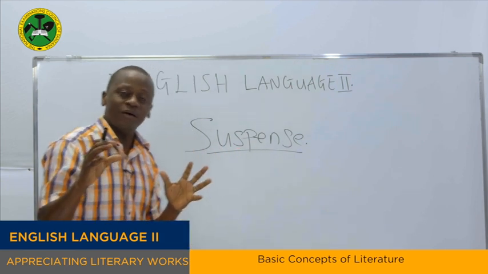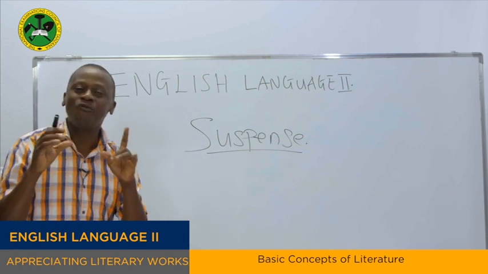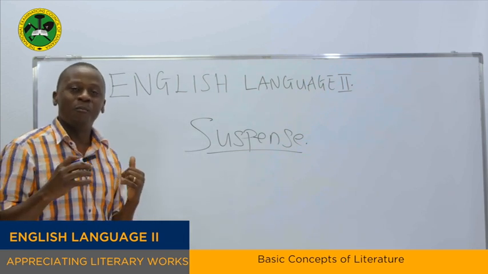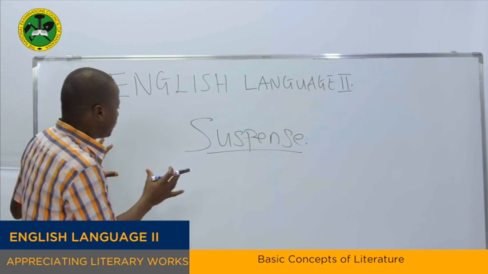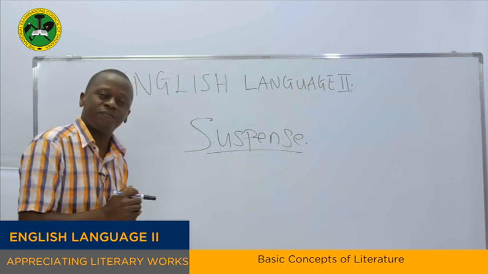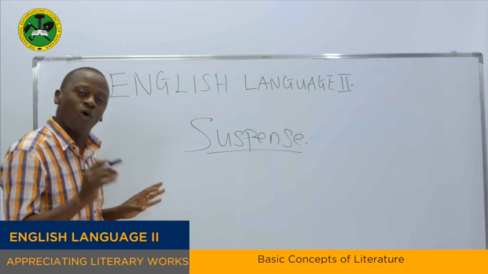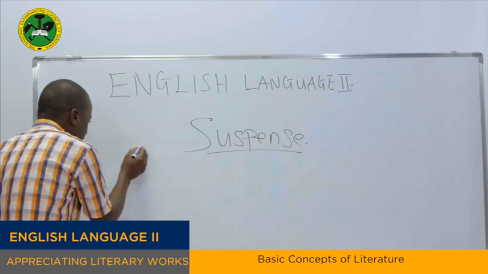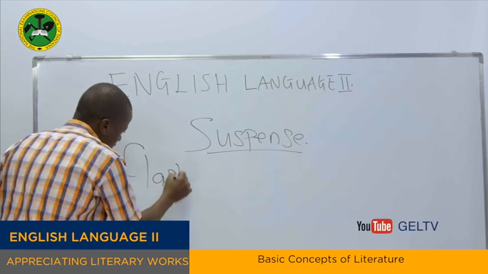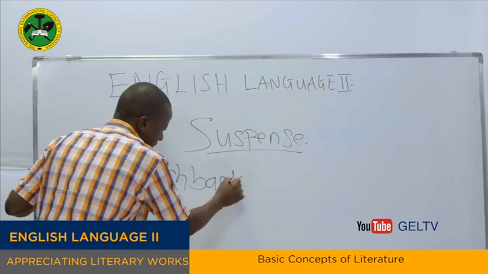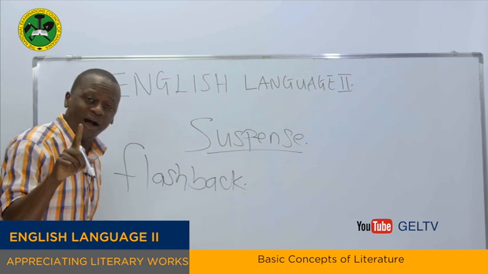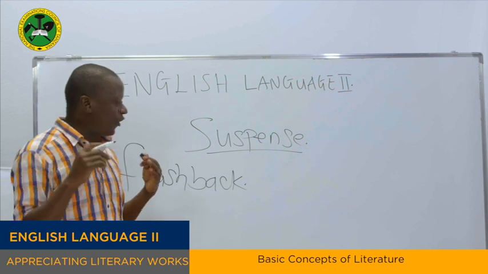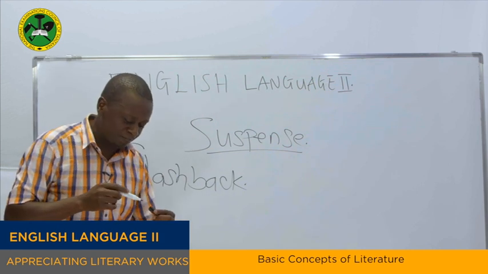You can create suspense in a work of art by starting with a certain style in a plot called flashback. Flashback can help you to create suspense in a work of art. How?